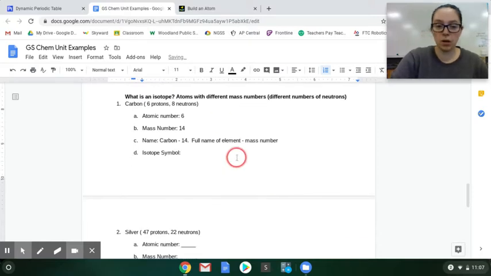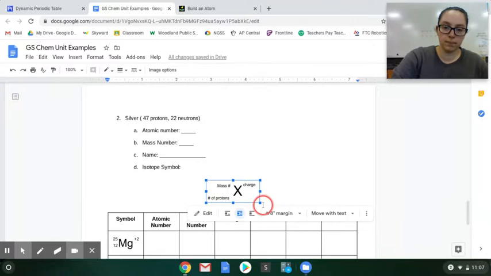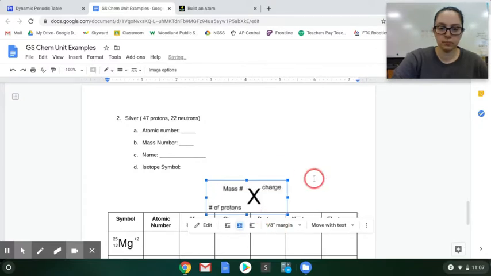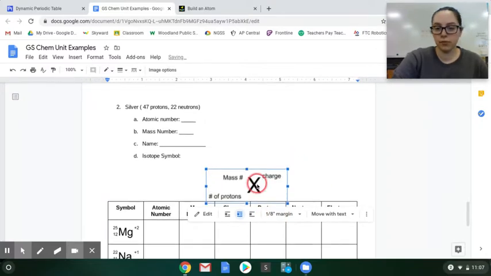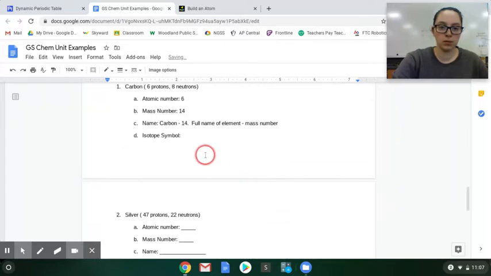Now, how do I do the isotope symbol? I'm going to scroll down a little bit because here we can see our full ion isotope symbol right there. So for the symbol, this X is my element symbol, and I'm going to put that in there.